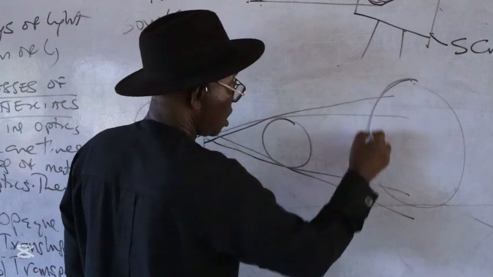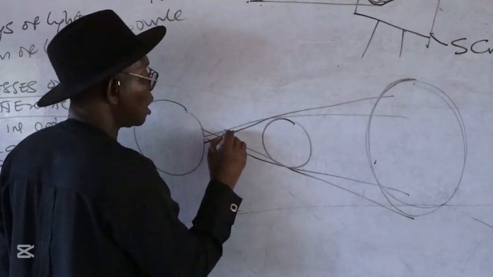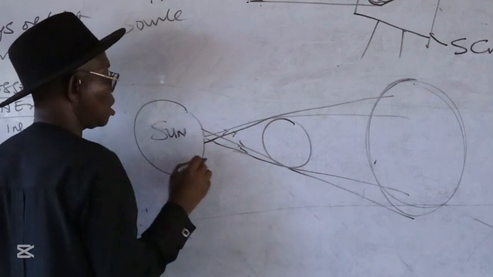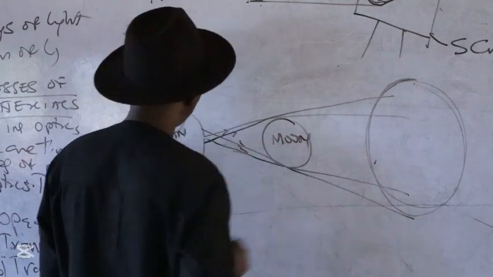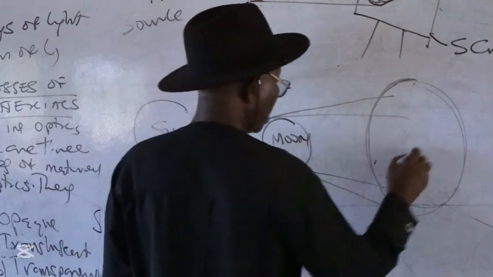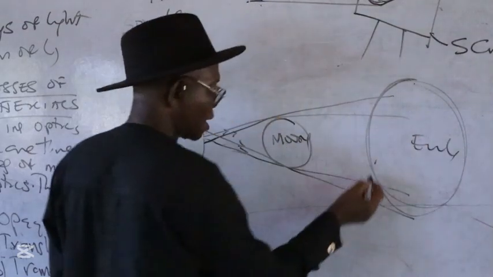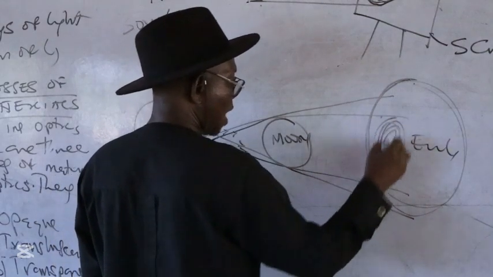So you have it like this. You can have direction. This is the sun, and this is moon, and this is the earth.